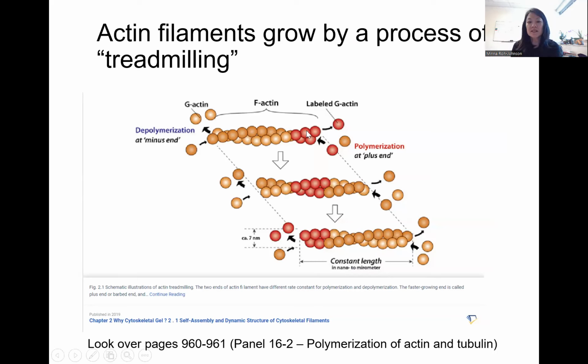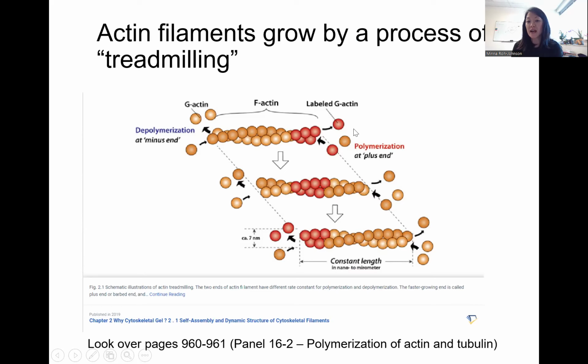So if you look at an actin filament at time point 0, and then look at it at some point later, it's the same length. But that doesn't mean it's a static structure. If I label part of that actin filament in red, we would see that part slowly tracking backward to the minus end over time. And that is through a process called treadmilling.